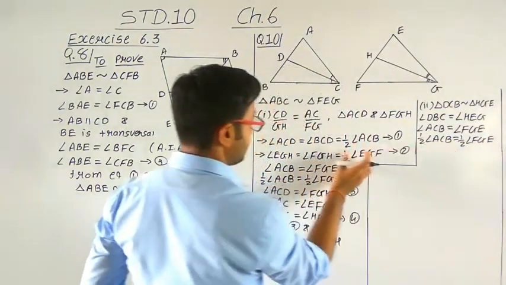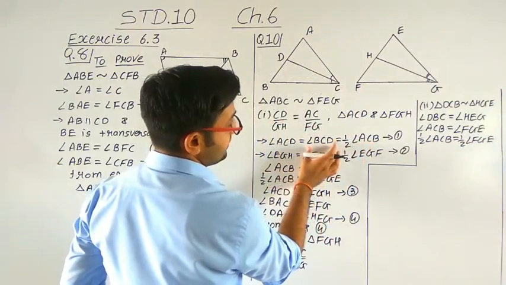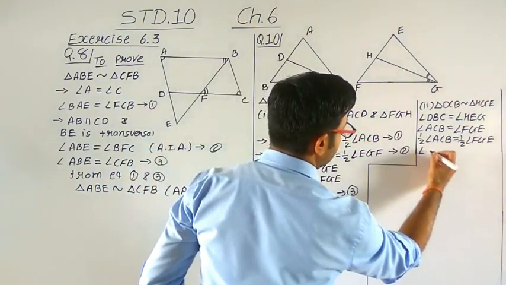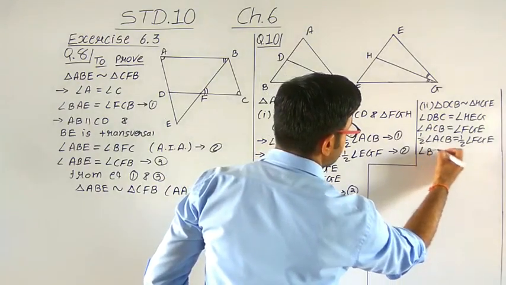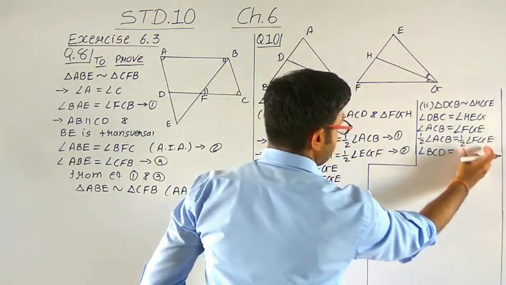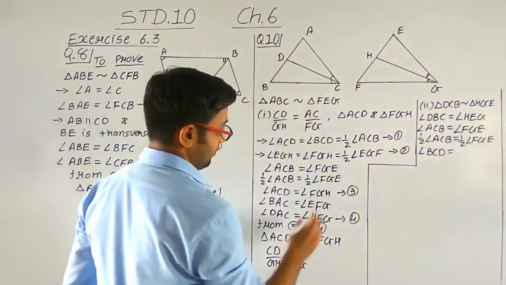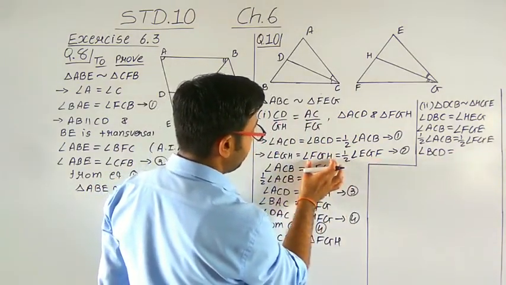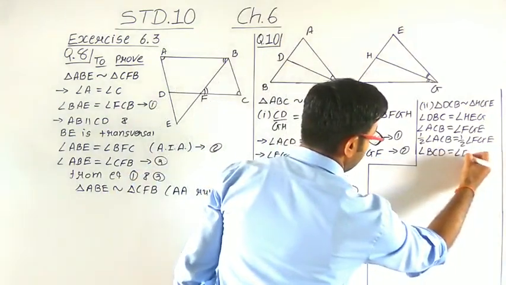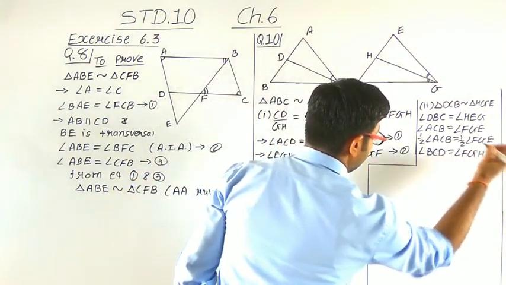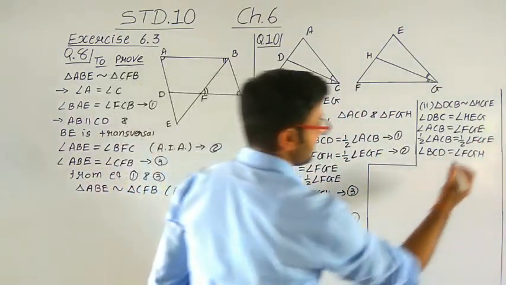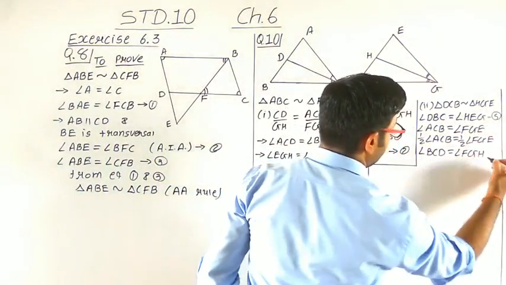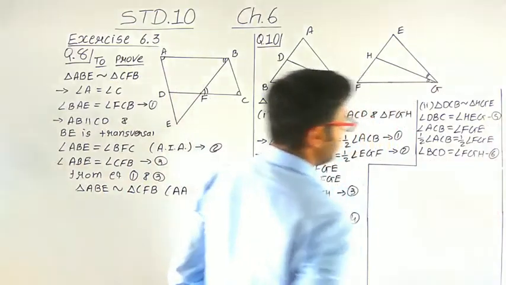So 1/2 of ACB we can take as angle BCD, right? And as 1/2 of FGE, we can take the angle FGH, right? So this we can take as equation number 5, and this we can say equation number 6.